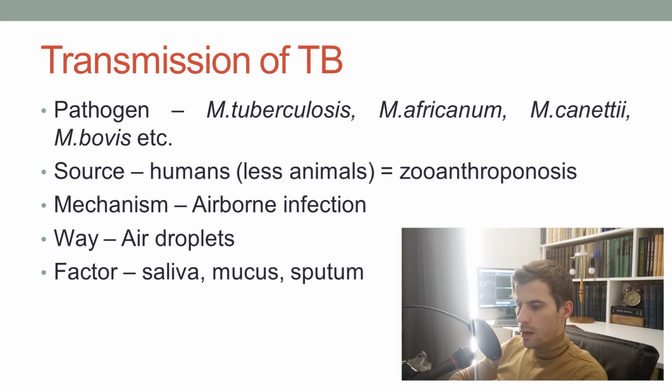The source of infection is human, less often animals, so it is a zooanthroponotic infection or zoonosis, but usually it is spread between humans. The mechanism of transmission is airborne, the way of transmission is air droplets, and of course, the factor of transmission is saliva, mucus, sputum.